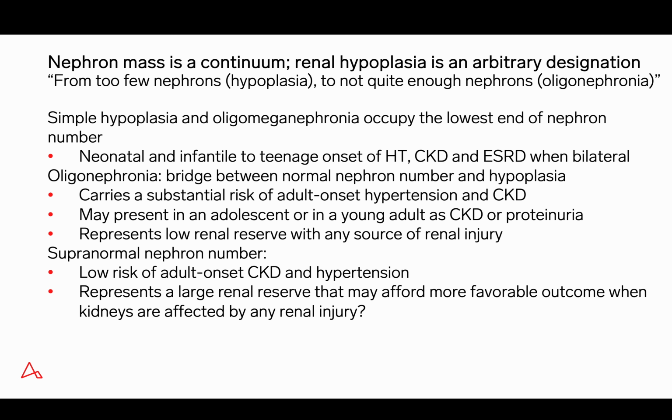As far as I know, this postulate has not been tested, but I think you can envision, for instance, if we look at diabetics, only 30 to 40% of diabetics develop progressive diabetic nephropathy. The remainder do not. Possibly those that do not are individuals that have a very high nephron number compared to those that are affected by diabetic nephropathy.